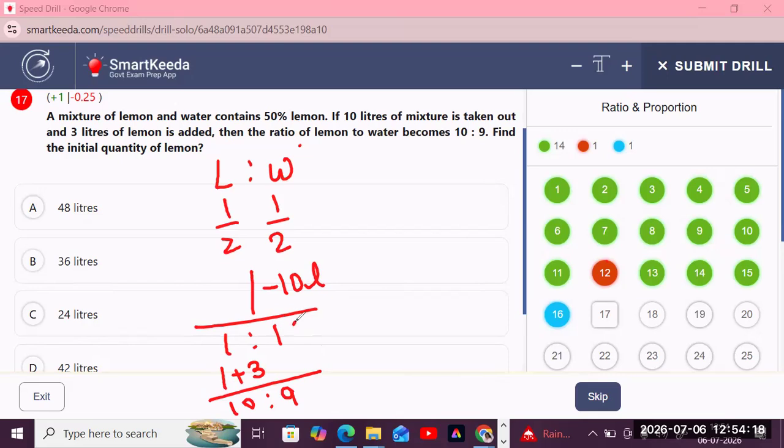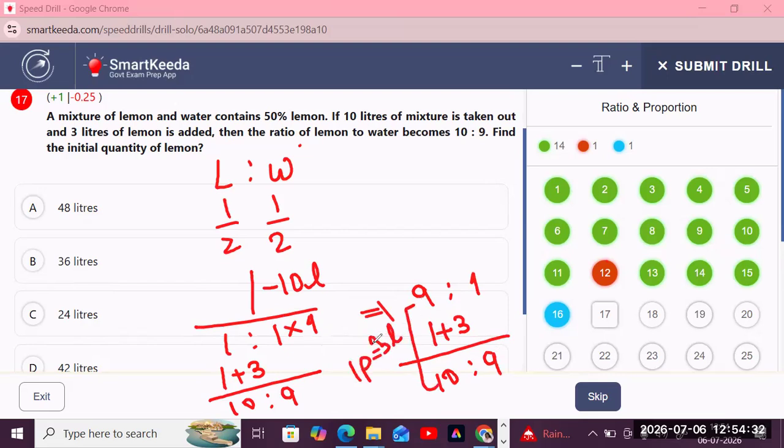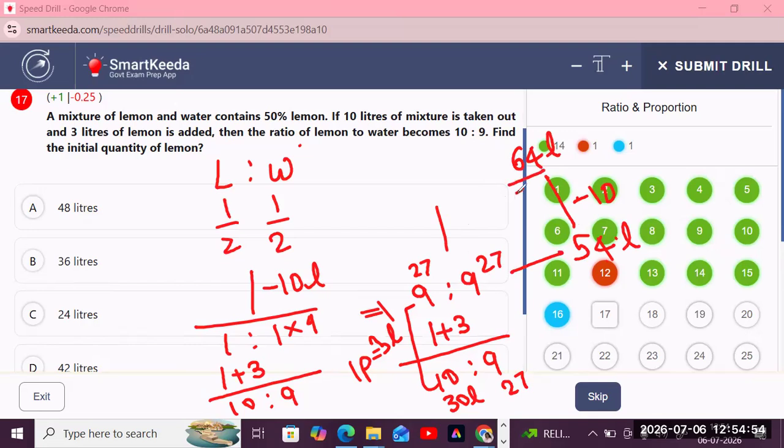Water is going to be 90, currently 9. 1 plus 9 is equal to 10, so 1 part is equal to 3 liters. Now the mixture is 54 liters in total. First 10 liters was subtracted, and it was half, so at the start it was 64 liters, and half of this is 32 liters.